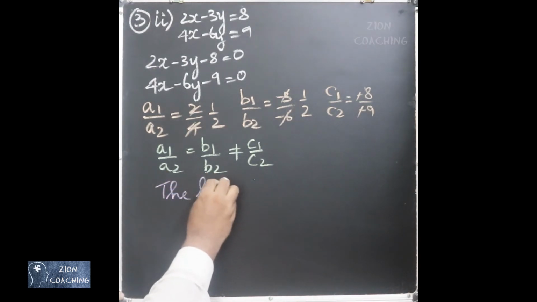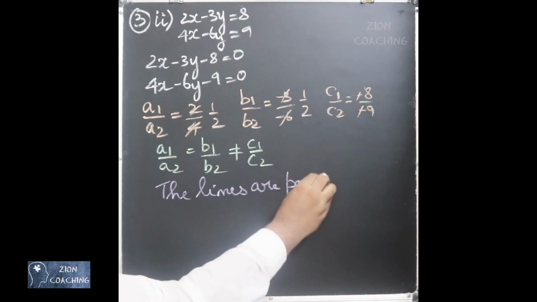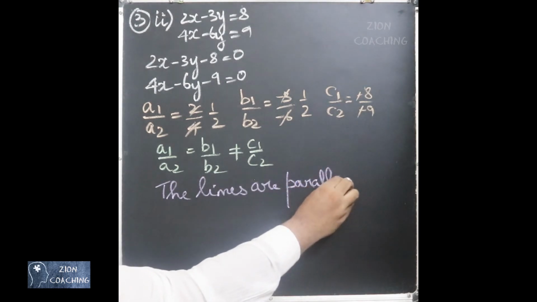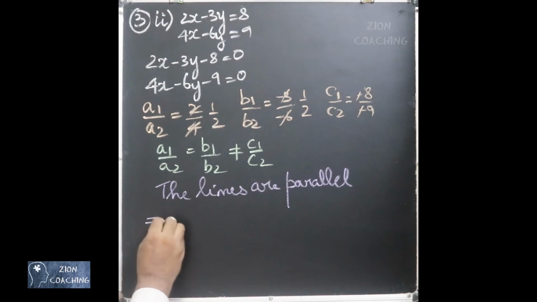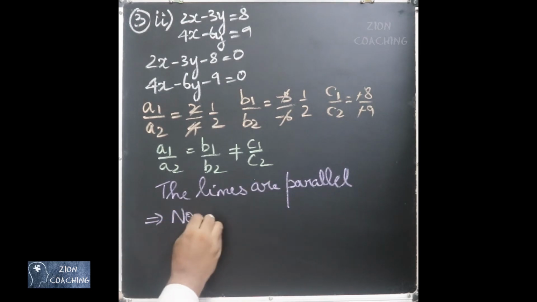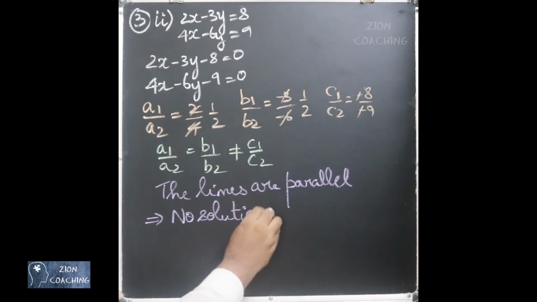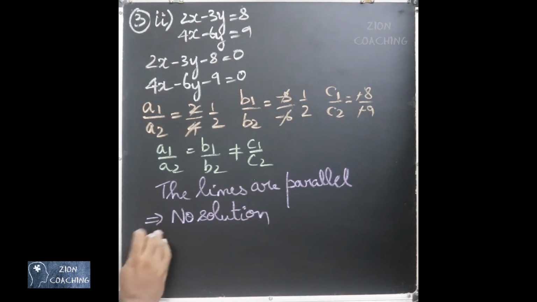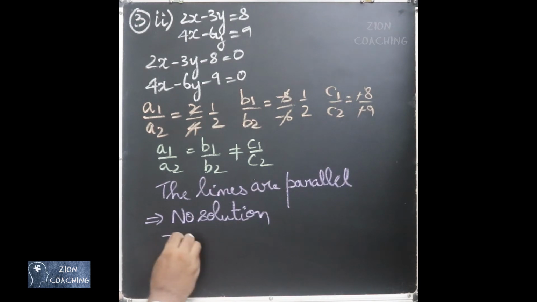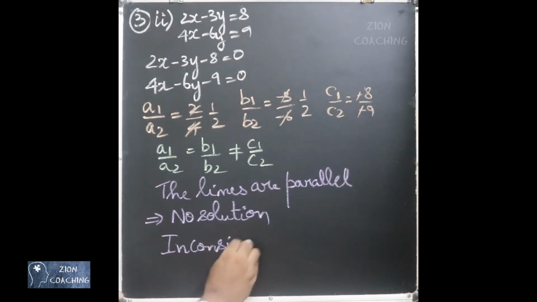Since they are parallel lines, there is no solution. Since there is no solution, the lines are said to be inconsistent.